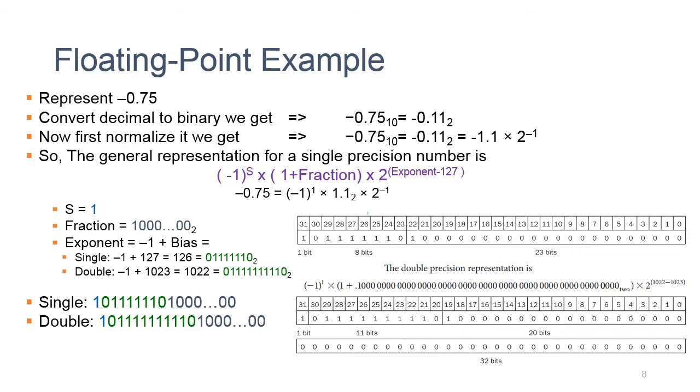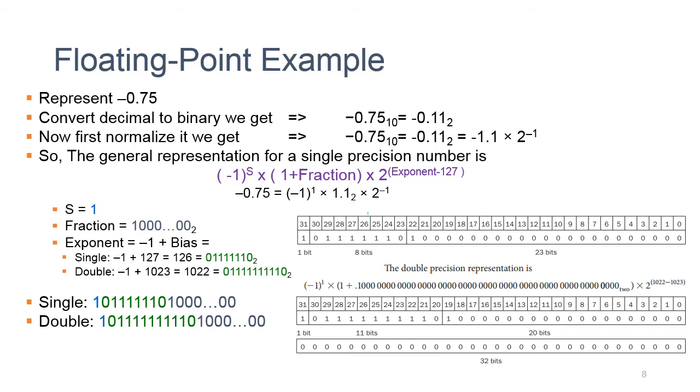We get -0.75 = (-1)^1 × 1.1 × 2^-1. Now we calculate our fraction, exponent and sign bits. As -0.75 is a negative number, the sign bit is 1.